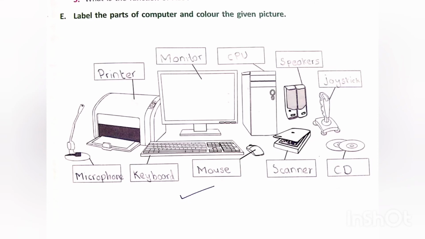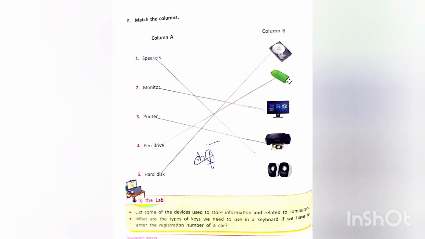Now moving to page number 16, in which we have exercise number F, match the columns. In column A we have the names of the devices, and in column B we have the pictures of devices. You have to match the name with the appropriate picture. Number 1, speakers.